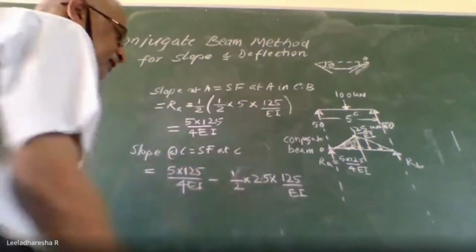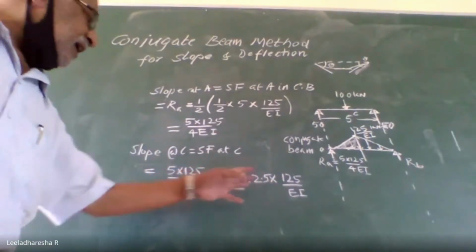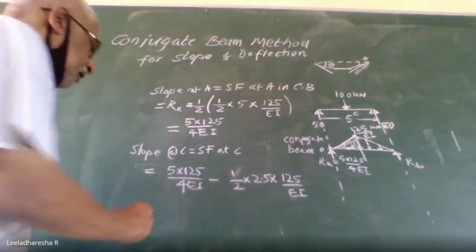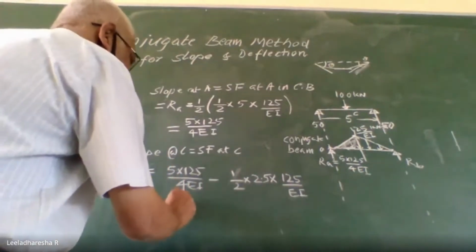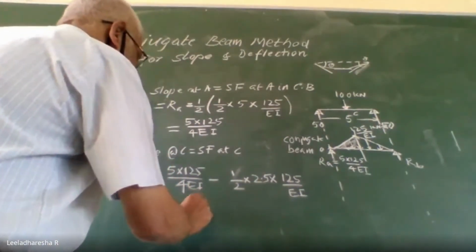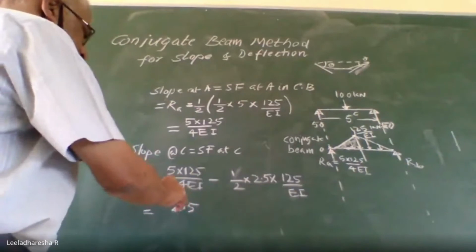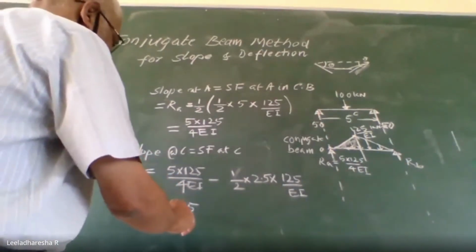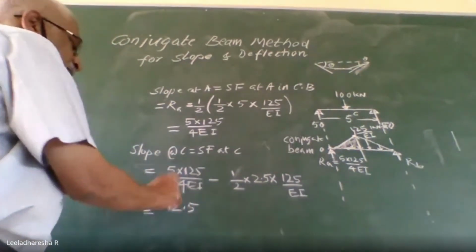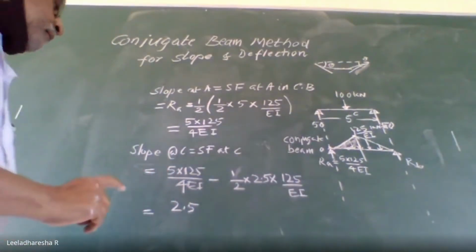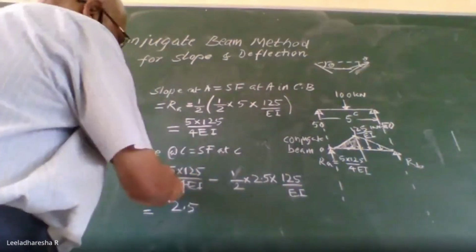Take your calculator and subtract this one from here, or we can write this as 2.5, because dividing both sides by 2, you get 2.5.